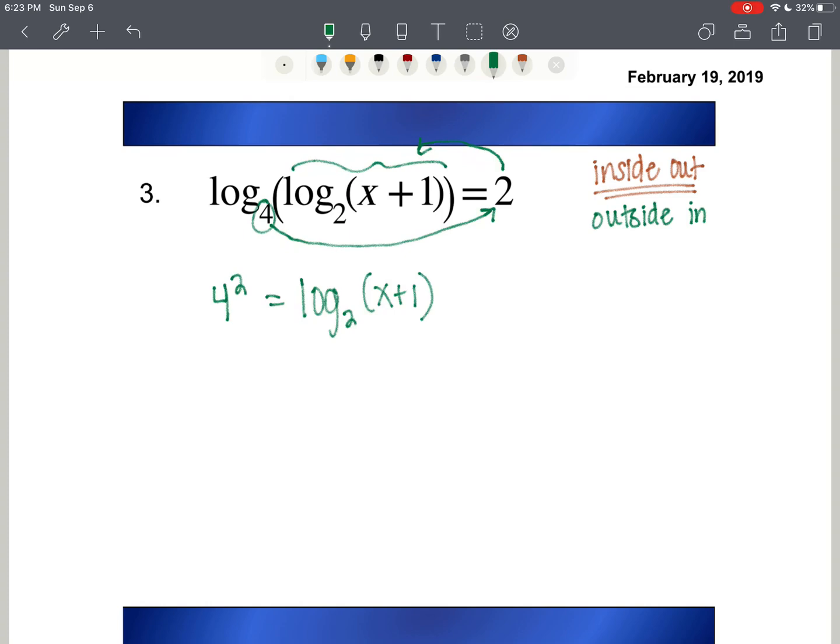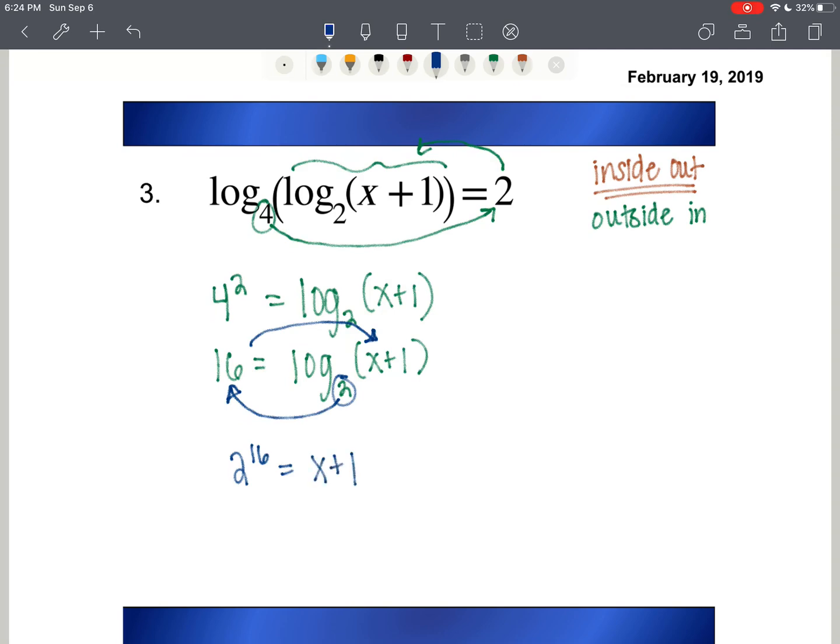However, now I can take, let me just simplify this to be a 16 so I don't get confused. Now I can say 2 to the 16th power is equal to x plus 1. Goodness gracious, 2 to the 16th power.